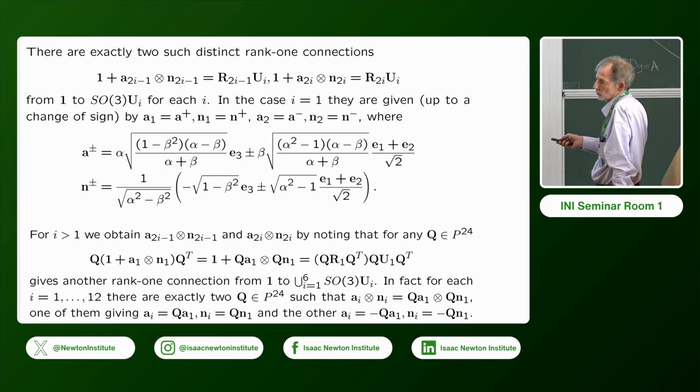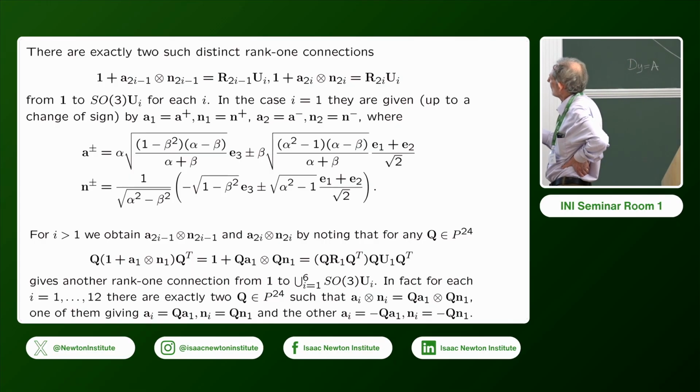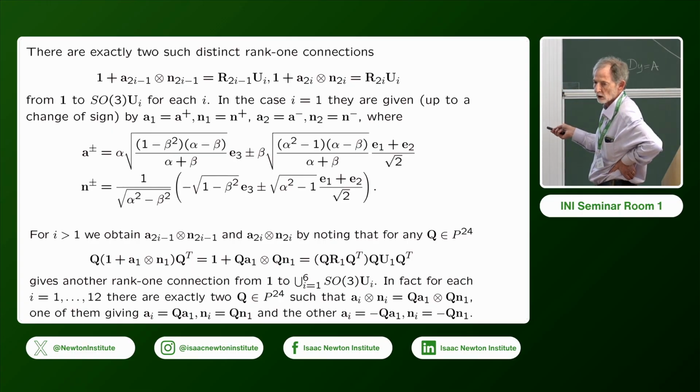Now, for i bigger than 1, you get the other ones by noting that you can pre and post multiply by Q and Q transposed, where Q is in the cubic group. And then you get identity plus Qa_1 tensor Qn_1, which is another rotation times QU1Q transpose, which is one of the other variants. Okay? So that gives you another rank 1 connection from the identity to the wells.